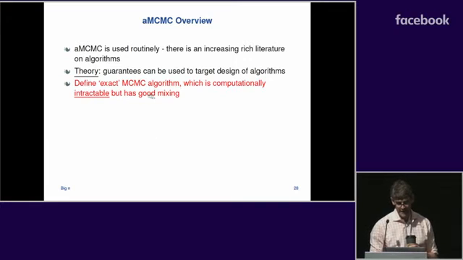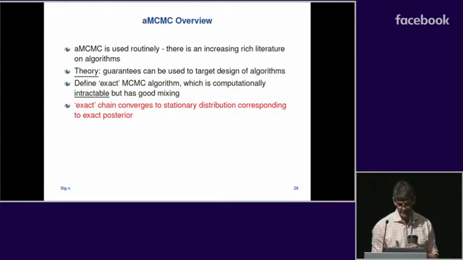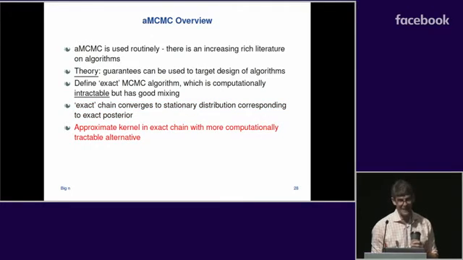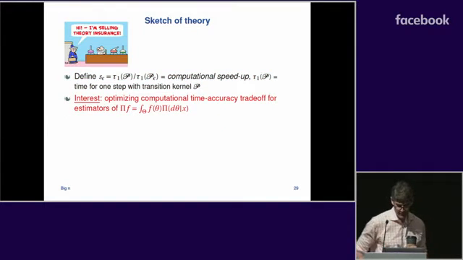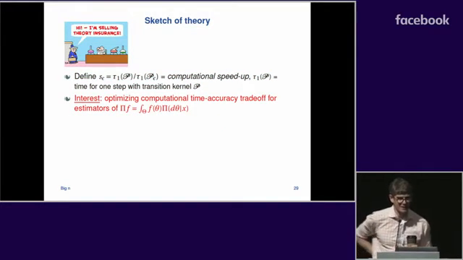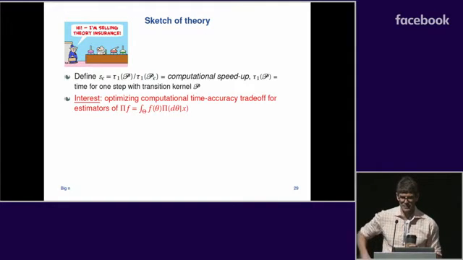We're going to define an exact MCMC algorithm which is computationally tractable but has good mixing, and we're going to leverage that. We approximate with a more computationally tractable alternative, and then we can come up with a type of theory framework that we call comp minimax. You might have a particular computational budget, and then you want the optimal algorithm within some class of algorithms to produce the lowest error in a particular computational time.